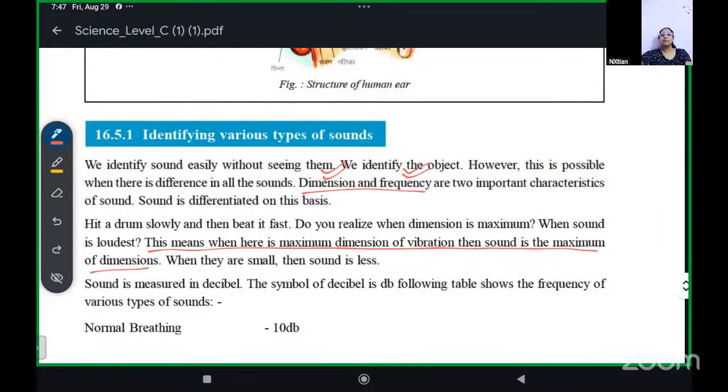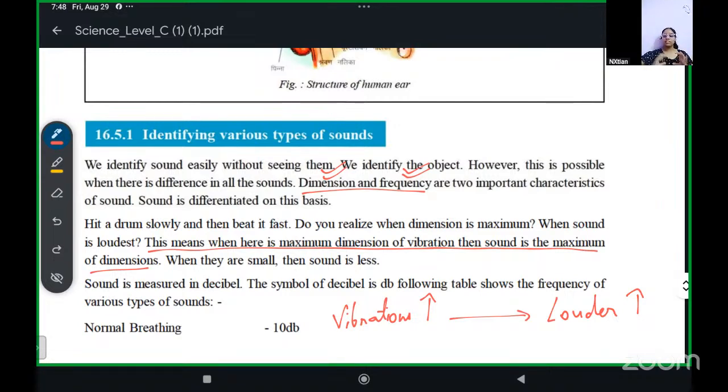This means that the more vibrations are caused in our eardrum, the louder the sound will be, and if less vibration is caused in our eardrums, the sound will be lesser.